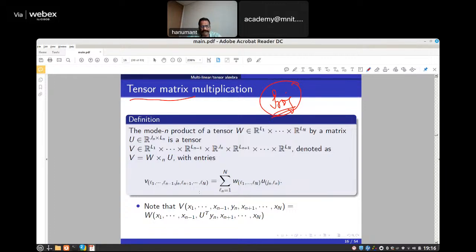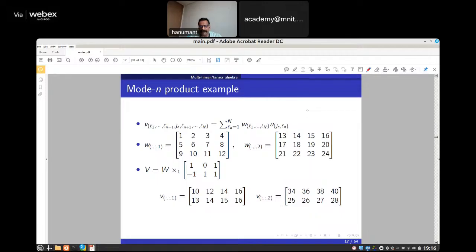If I want to do matrix multiplication, I have to multiply in one of the dimensions. Given this three-dimensional arrangement, I can multiply here, and it will be multiplied with this slice, and the same matrix will be multiplied with the slice behind it.